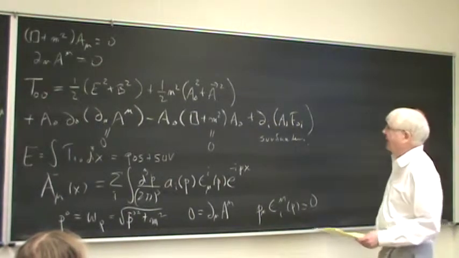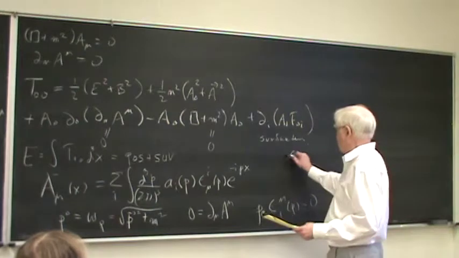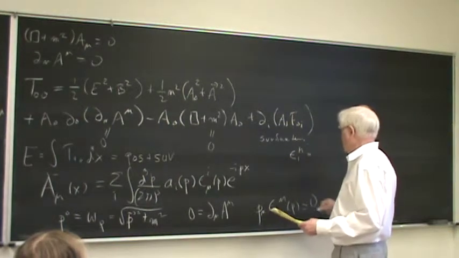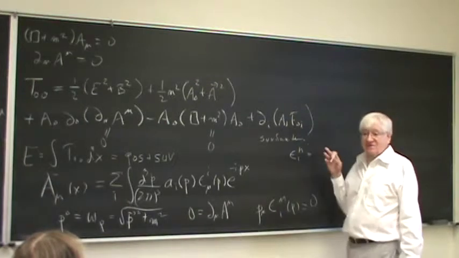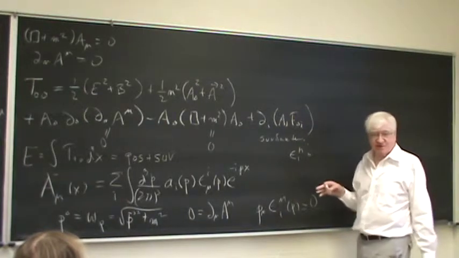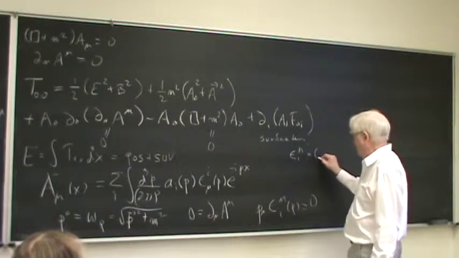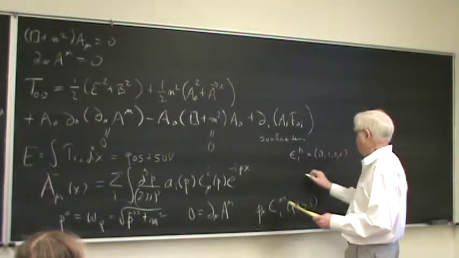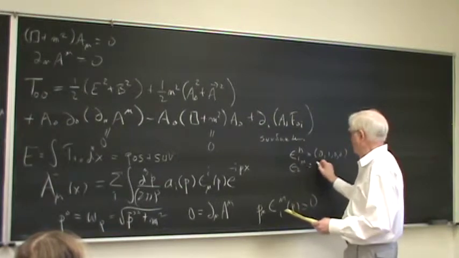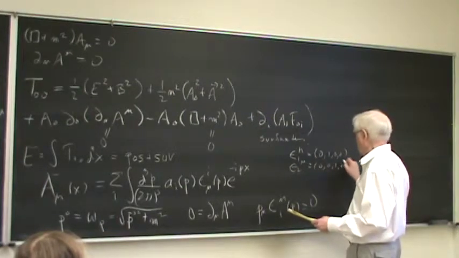The standard way of doing that is to take epsilon_1 mu. Let me do it for momentum in the z direction, so that it's a little bit simpler. This is (0, 1, 0, 0). Epsilon_2 mu is (0, 0, 1, 0).